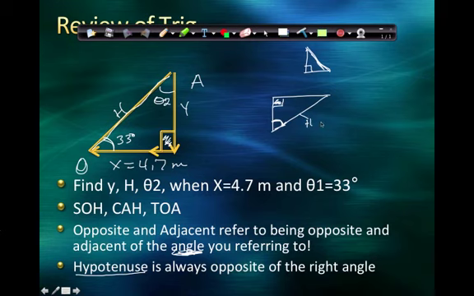So that's the hypotenuse. When we're looking at this angle right here, this side is touching, so that is the adjacent side. This side is not touching, so this is the opposite side. So it will change based on the angle that you're looking at.